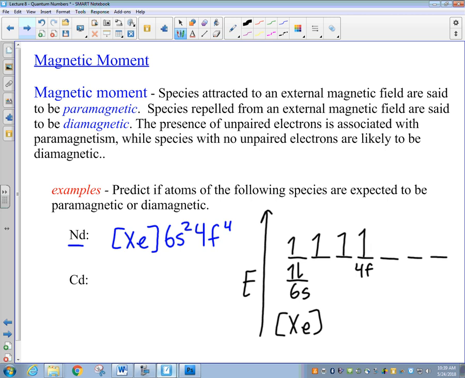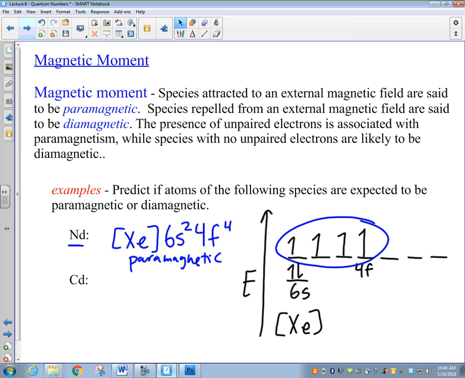All 4 of those electrons have the same spin, unpaired with an electron spinning in the opposite direction, which implies this species has 4 unpaired electrons, which generate a net magnetic field. We would say, therefore, that neodymium is paramagnetic, and we would expect neodymium atoms to be attracted into an external magnetic field.